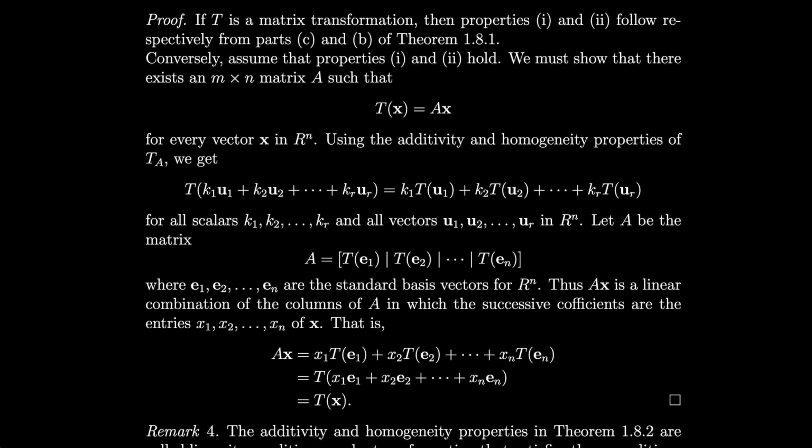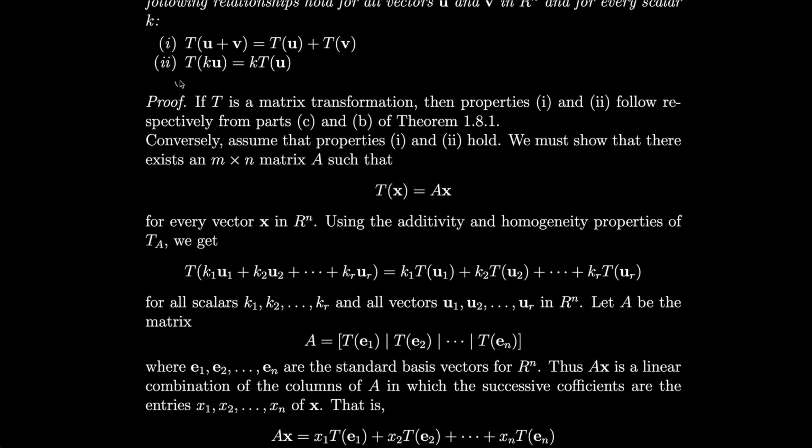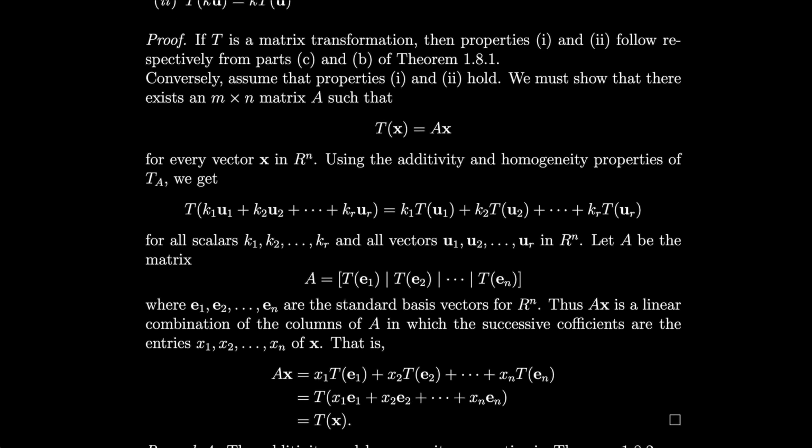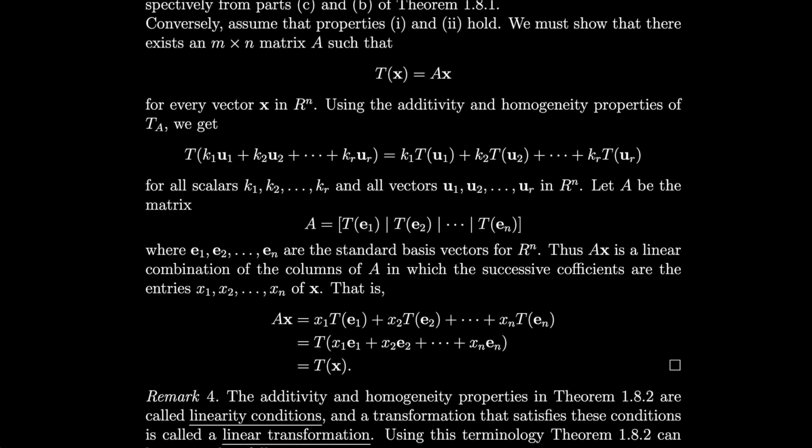That's the second property. So that's the same thing as saying it's the transformation of this thing. But that's just the transformation of x. So we found a matrix such that A of x is T of x. So that proves this actually is a matrix transformation.